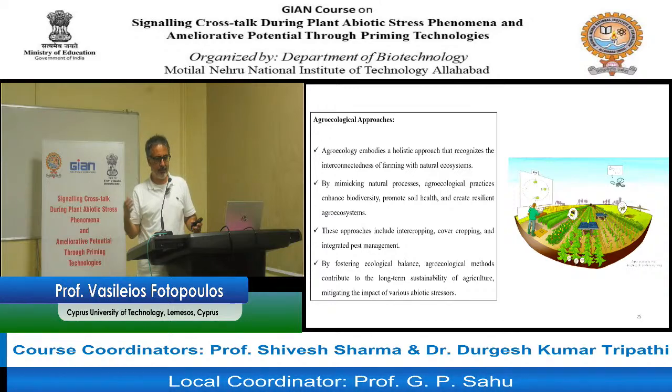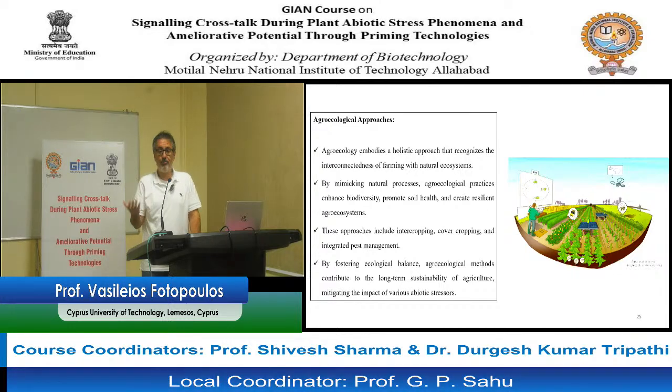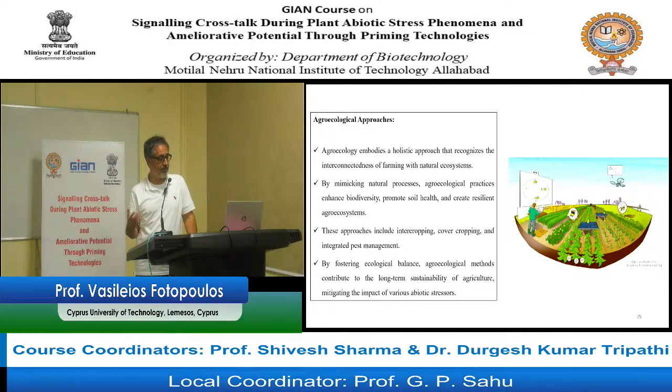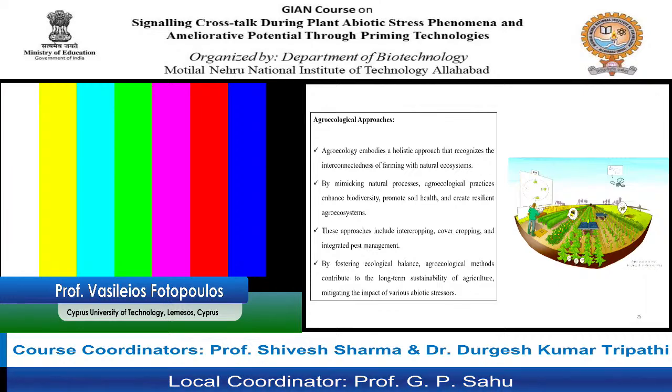In every case, yesterday I introduced the concept of biomagnification that affects many different levels of the agroecosystems. Agroecology is very important. One should not forget this because it embodies a holistic approach that recognizes the interconnections of farming with the natural ecosystems, which is extremely important. And by mimicking natural processes, agroecological practices can enhance biodiversity, promote soil health, and also create resilient agroecosystems.